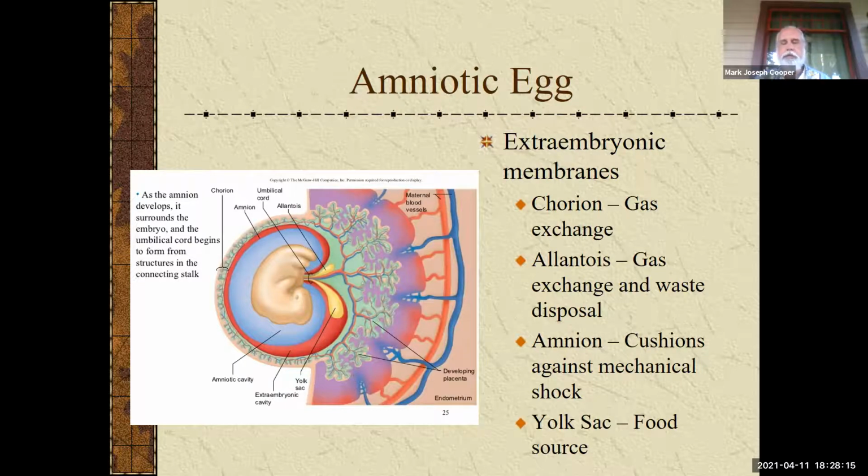There is a mucus plug in the cervix, and when the kid's ready to come out, that plug is loosened and you get the expulsion of amniotic fluid. And then there's a yolk sac, and that is again a food source. And what you're seeing here in this picture is all of that stuff getting tied up into the umbilical cord.